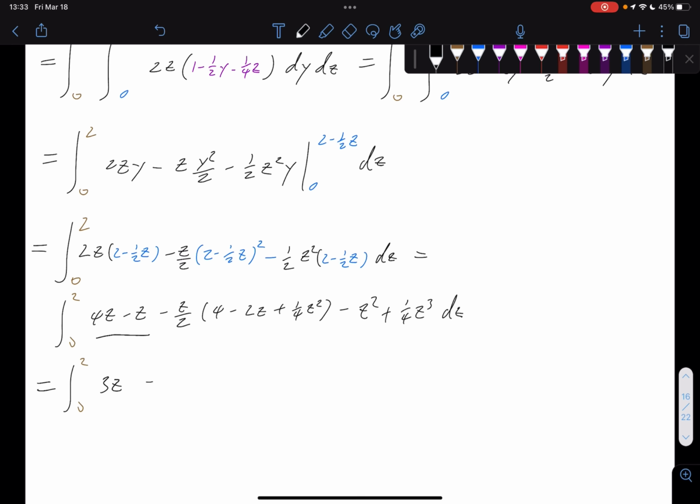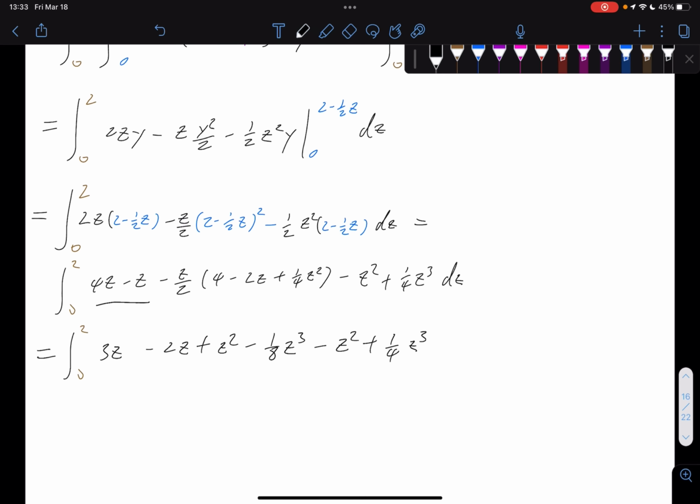So minus 2z plus z squared minus 1/8 z cubed minus z squared plus 1/4 z cubed. Is that correct? Let's check. The 2s cancel out, z squared minus 1/4, 1/8 z cubed, and then dz.